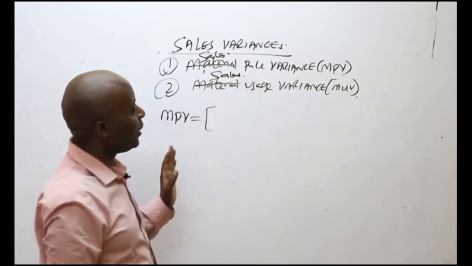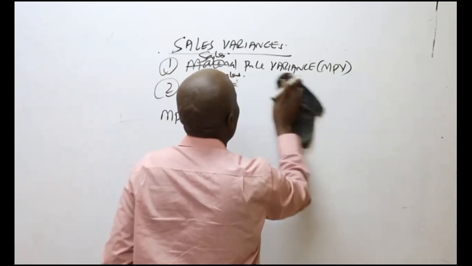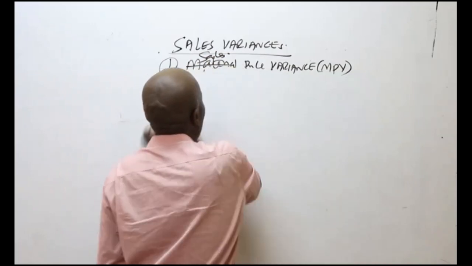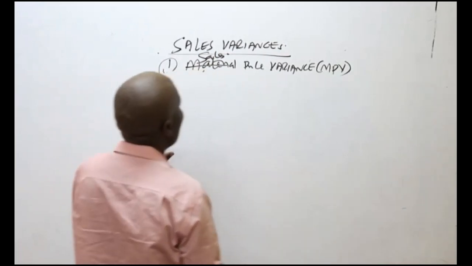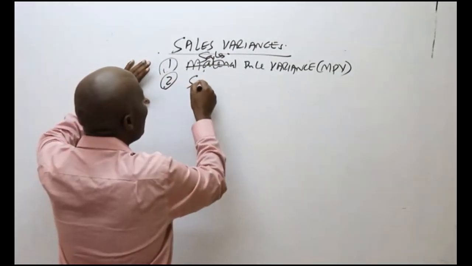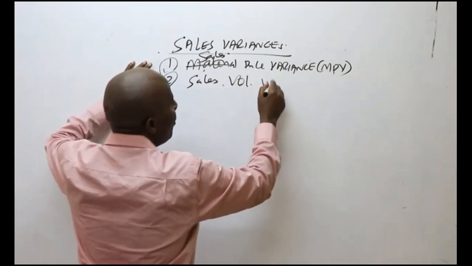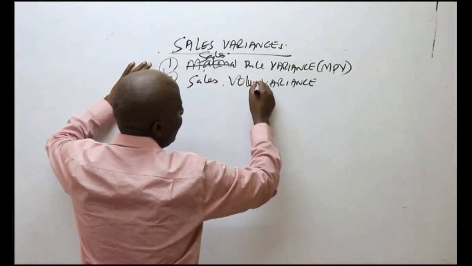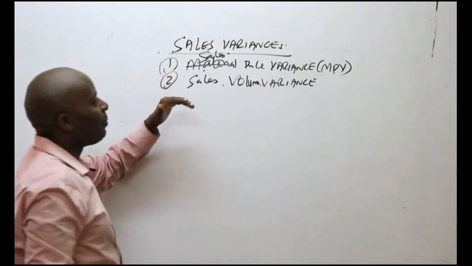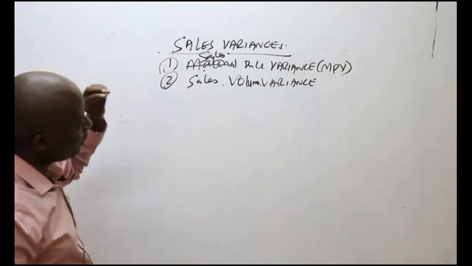So we have in this case the sales price variance, and then number two, the sales volume variance. I went back to the price, material price. So we have sales volume variance, and then sales price variance.